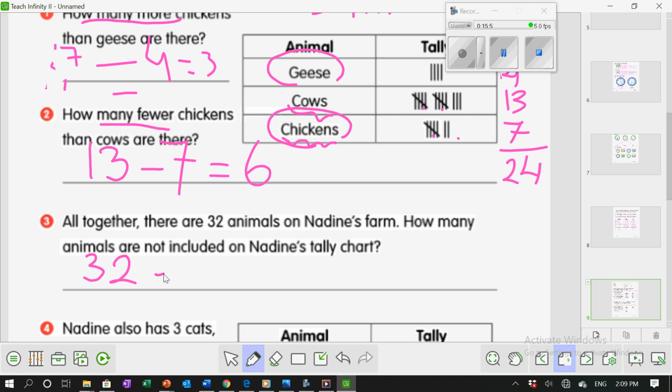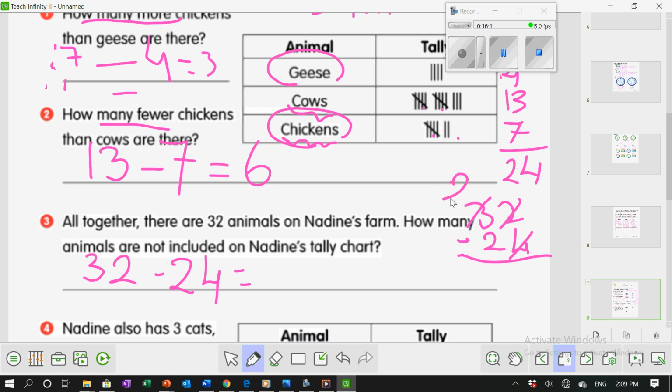32 minus 24. Let's put it like this, easier for you. 32 minus 24. So where is the more? Excellent, down. So here is the more I have to take from the next door.